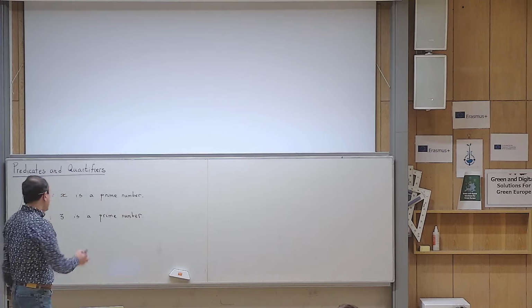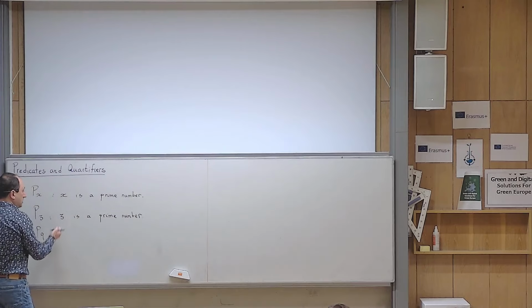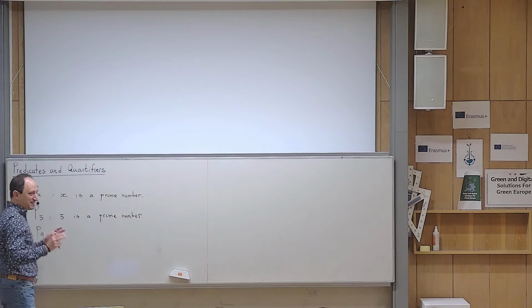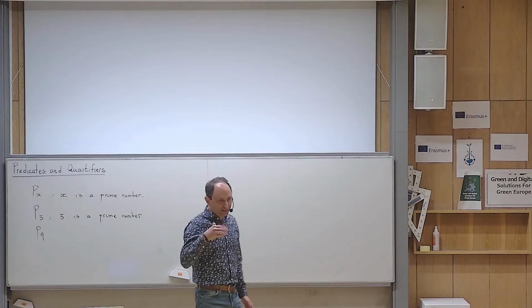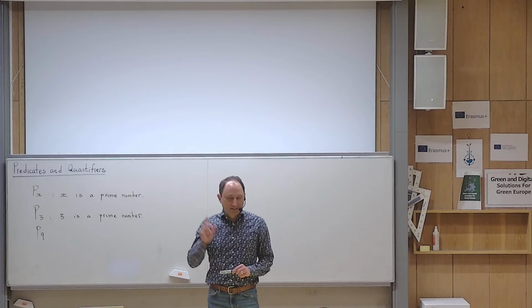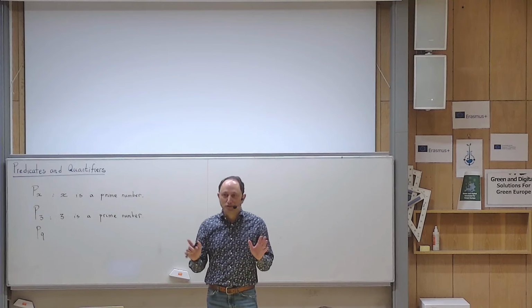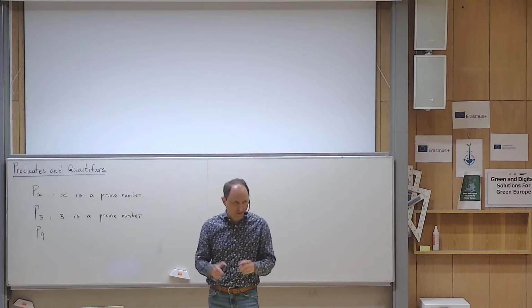Okay, and these values that I am replacing the variable with are coming from a set. I'm using the notion of set here. In principle, I am not allowed to use the notion of set right away, but I am just counting on your knowledge of set theory as we studied in Math 5. Very baby set theory, okay?